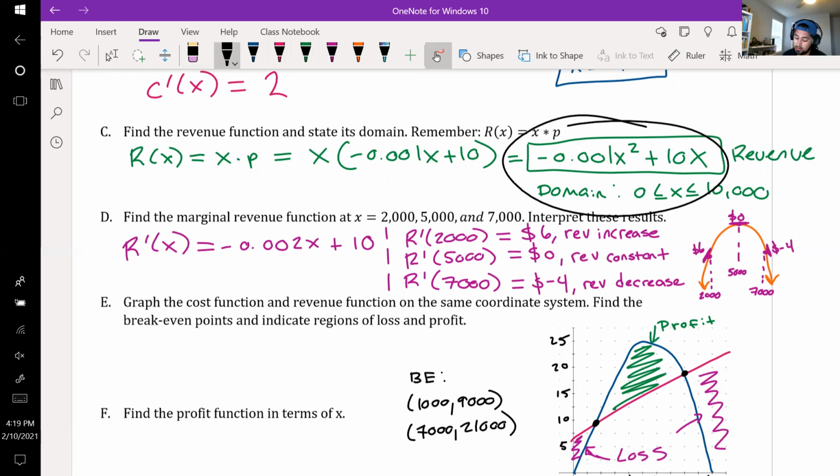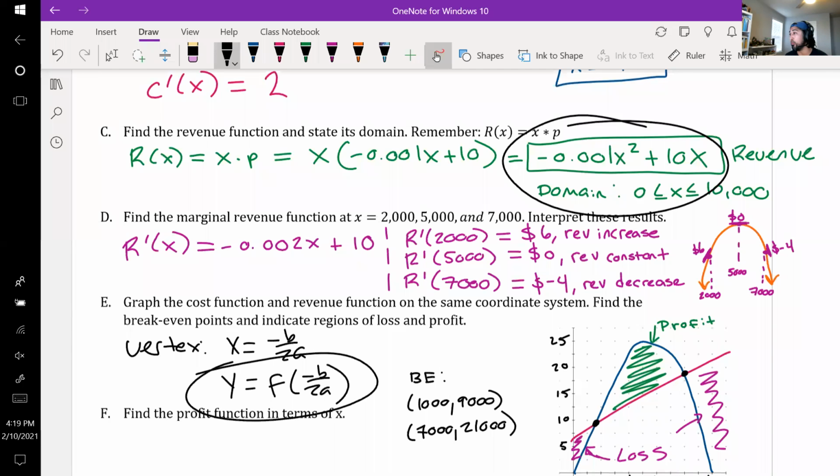Remember for your vertex, x would be negative b over 2a, and y would be f of negative b over 2a. And this is what you're actually looking for, that y value. And that y value should give you somewhere around 25,000.